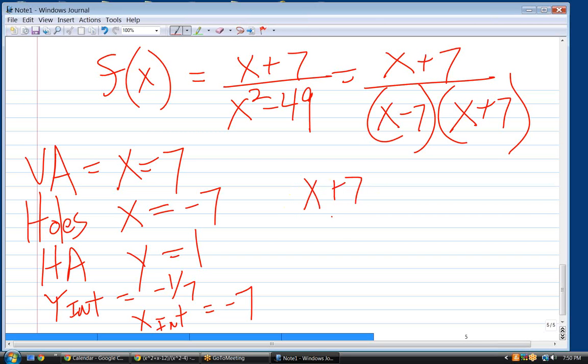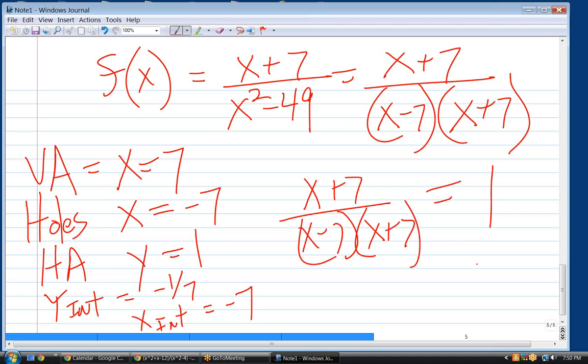X plus 7 over x minus 7 times x plus 7. Is that ever equal to 1? No. About when x is equal to 7. Ah, x can't be equal to 7. Oh, yes.